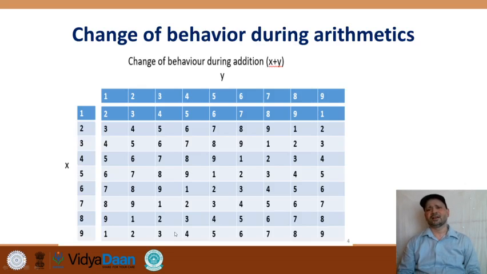Now there will be change of behavior when you do the arithmetic calculations. So first of all, you must have the idea about the behavior, and you should be very confident in finding the behavior of a number like 43.